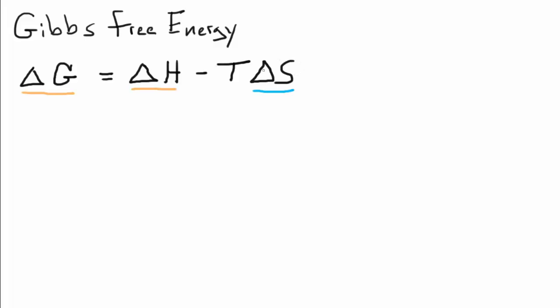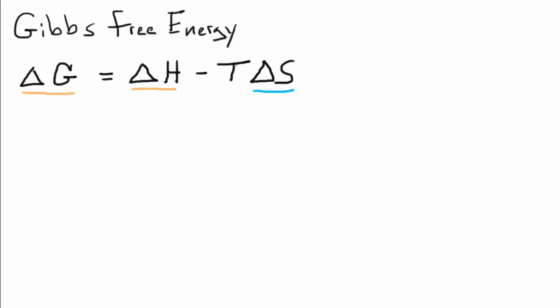You take the sum of the entropy of the products, and you subtract the sum of the entropy of the reactants. I don't have a separate quiz and lecture over that because it's so similar to finding the change in enthalpy. You do it almost the exact same way. The units are a little bit different, but I will walk you through that in a problem in just a few minutes. So that's your formula right there.